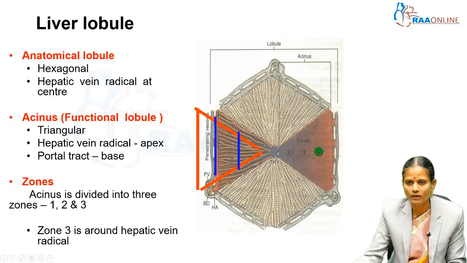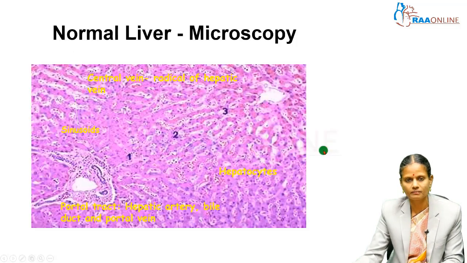This is the mid zone, and this is the periportal zone, which is well away from the central vein. So the entire hexagonal shape is the anatomical lobule. The acinus is triangular in shape, and the zones are 3, 2 and 1: central, mid zone and the periportal.